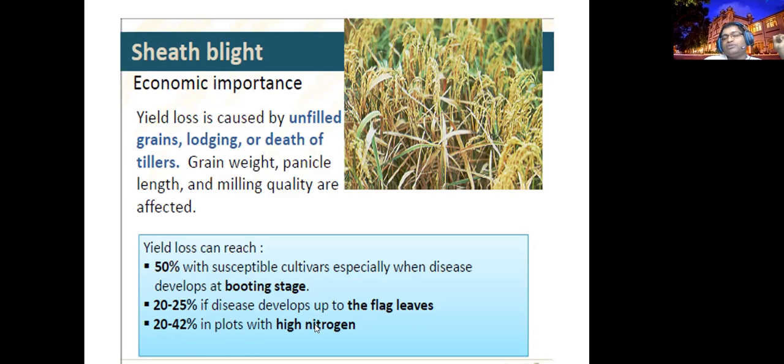Flooding with high nitrogen can cause 20 to 42% yield losses. Therefore, you have to be very careful from the tillering stage, with careful monitoring and a proper amount of nitrogen fertilizer. Even then you can easily minimize the disease incidence.